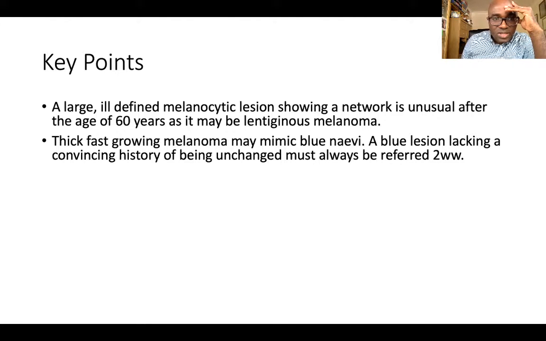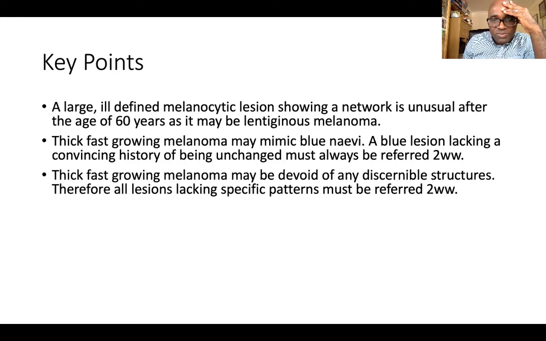Thick, fast-growing melanomas may mimic blue nevus when quite deep. So any blue lesion lacking any convincing history is key. Blue nevi we know are benign, but if they've not seen this before, it might be a thick, fast-growing melanoma, and must always be referred on a 2-week wait.